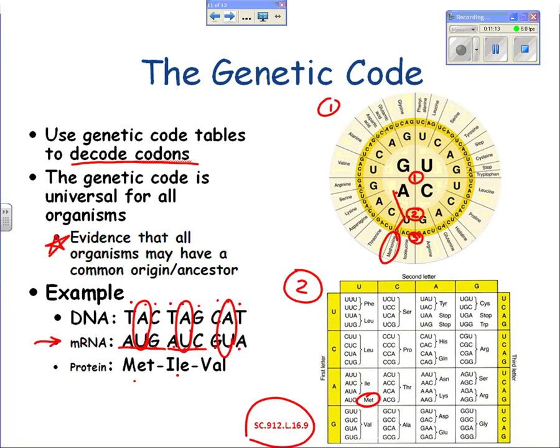And you see here, A is our first letter, U is our second, and C right here is ILE. And then GUA codes for valine, that amino acid. First letter is G, U is right here, and then A. There you go. So in this sequence of DNA, we have 3 codons, and they code for 3 amino acids, or a protein in this case.